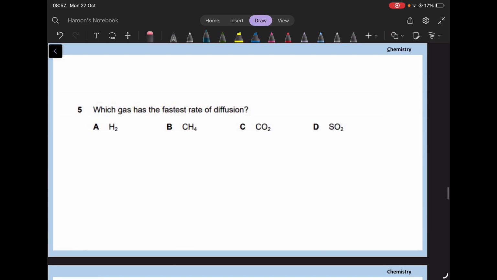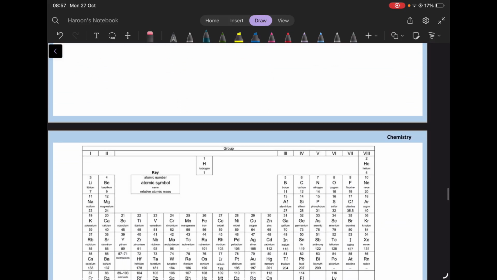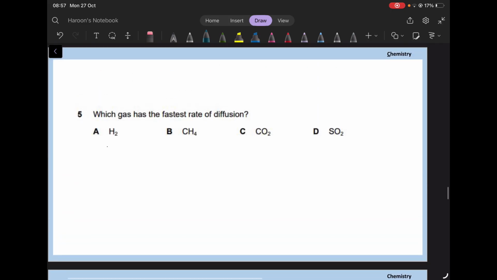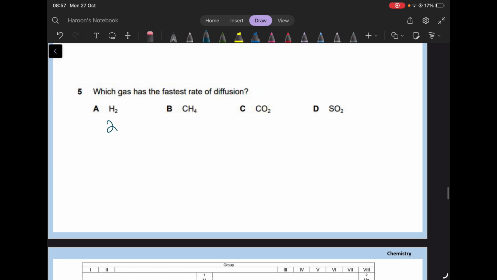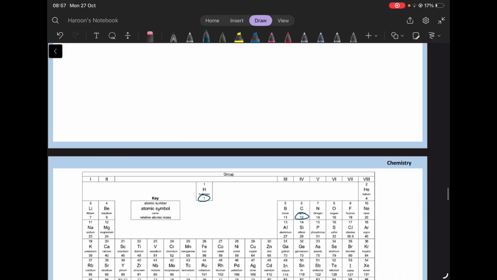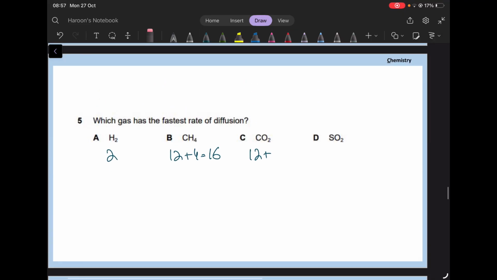Next, which gas is the fastest? So hydrogen, you can see, has one. So we have two hydrogens, so two over here. Carbon has 12, plus hydrogen has one, so four of these, 16. Carbon once again 12, plus oxygen, you can see, has 16, so this would be 16 times 2.